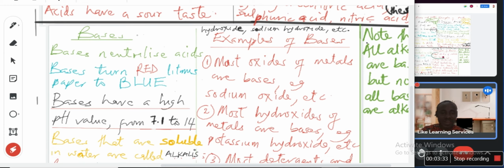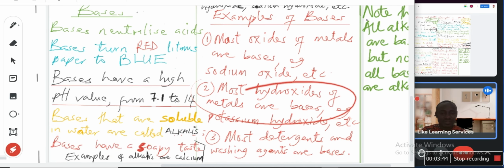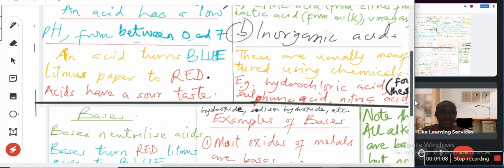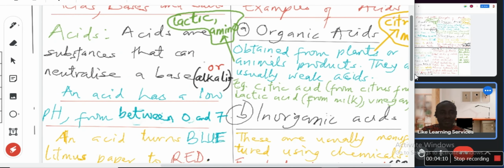Number 1: Most oxides of metals are bases, examples like sodium oxide, etc. Number 2: Most hydroxides of metals are bases, e.g., potassium hydroxide, etc. And number 3: Most detergents and washing agents are bases, like all those detergents.